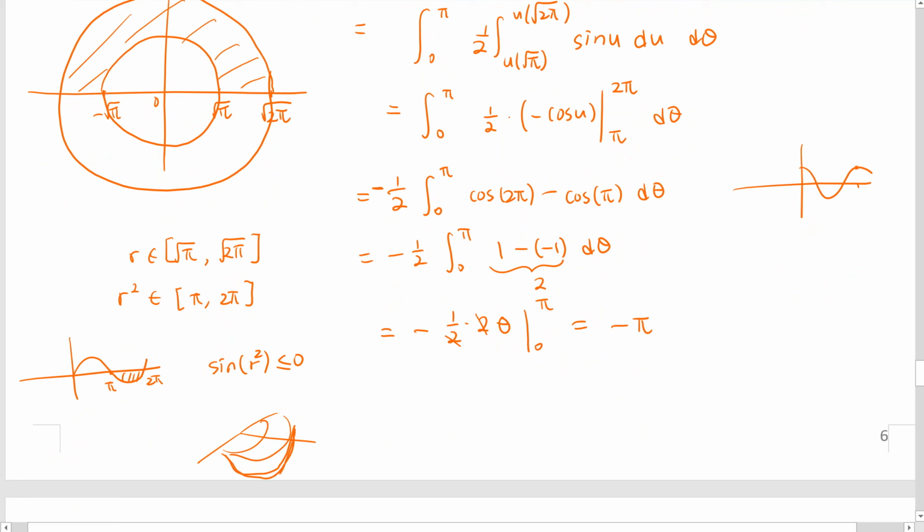That's why this solid is under the xy plane. So the volume is a signed volume, and the double integral is negative. So far so good, everybody?